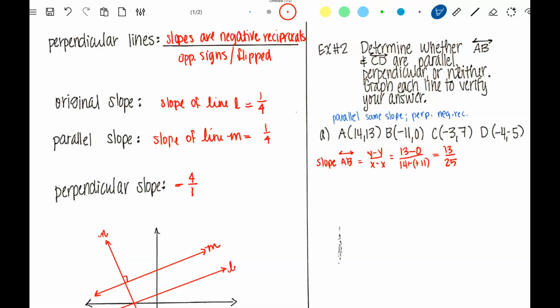Okay, so the slope of line AB is 13 over 25. In order for CD to be parallel, I have to get 13 over 25. In order for line CD to be perpendicular, I have to get -25 over 13. So let's see what we get when we do the slope of line CD. 7 minus -5 over -3 minus -4.